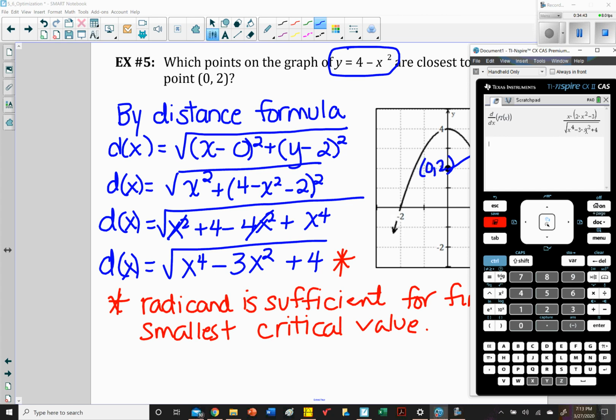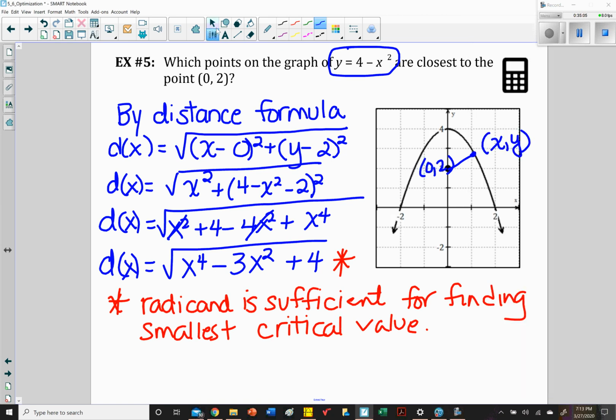And if we find the values that make that radicand 0, then we've taken care of the part that's going to solve for the shortest distance, because the derivative of the radicand is also in the numerator, if that makes sense to you.